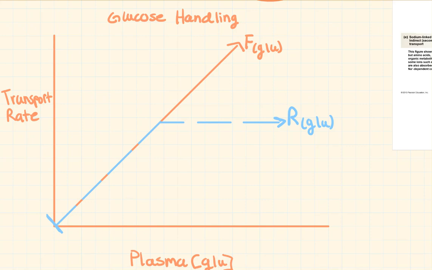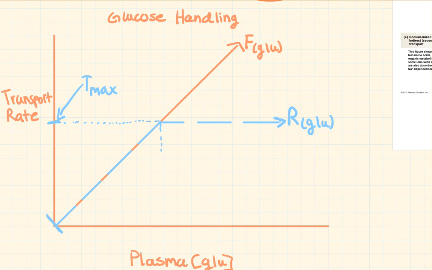All right, so some other important things to label on this: if we were to trace this out to the y-axis, this point on the y-axis is Tmax, transport maximum. And that is just the maximum transport rate for glucose reabsorption.